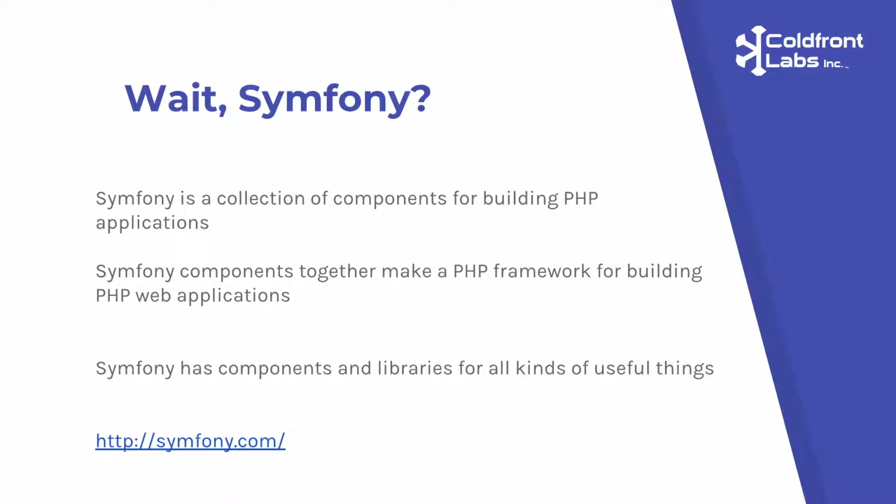Symfony components together make a framework for building PHP web applications, but you can use just pieces of them. The one I really like in non-Drupal projects is the Symfony YAML parser, because it is super easy to use and include. If I have any config, it is nice to stick it in YAML files, and the Symfony YAML parser means I don't have to worry about figuring out a parser for it. And like I was saying, the Symfony components are full of all kinds of libraries of useful things.